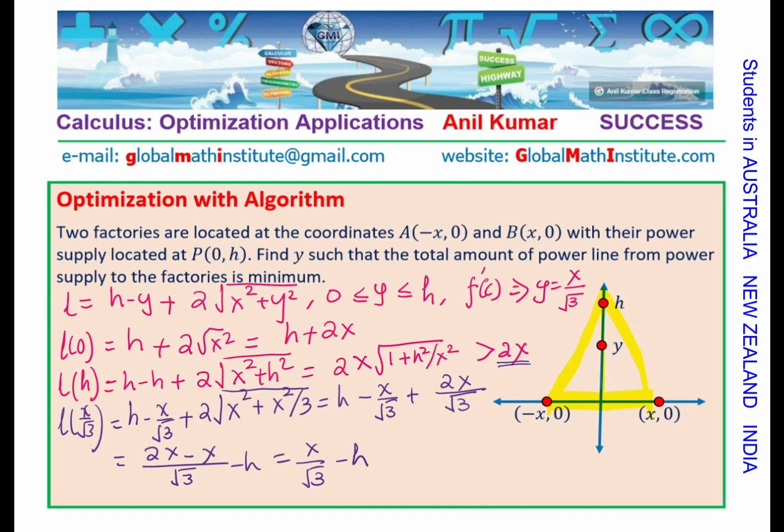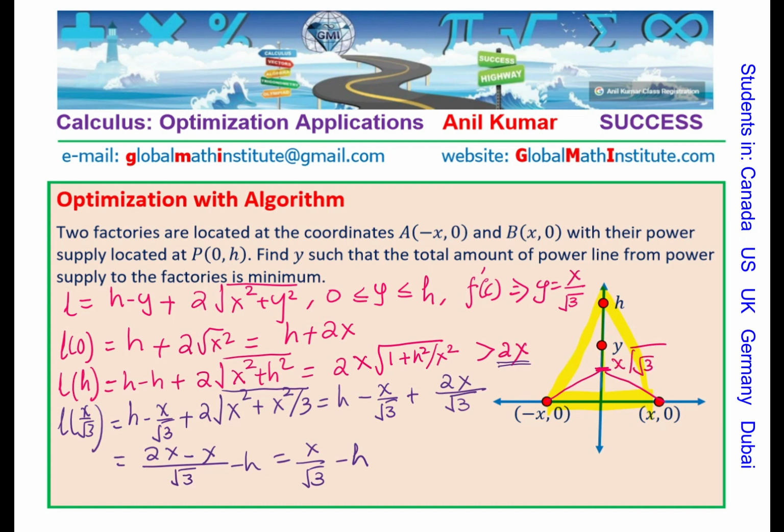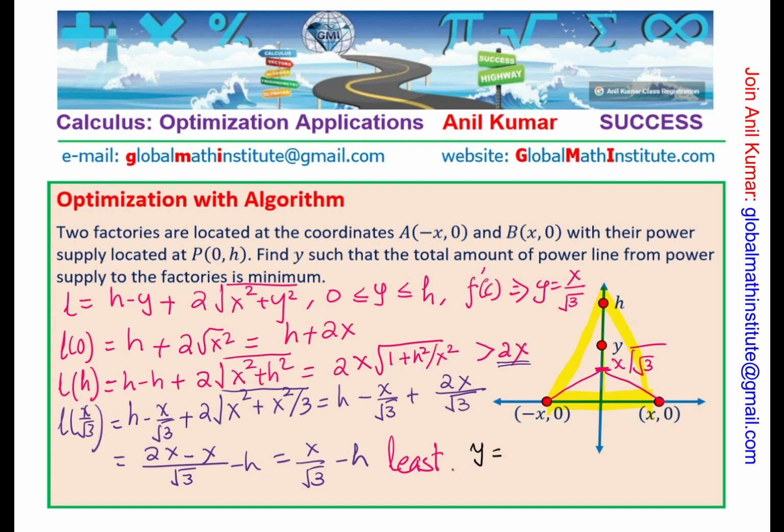And what we really come to know is that this is the best way, where this value is x over square root 3. So the minimal, we know this is least, right? Makes sense.